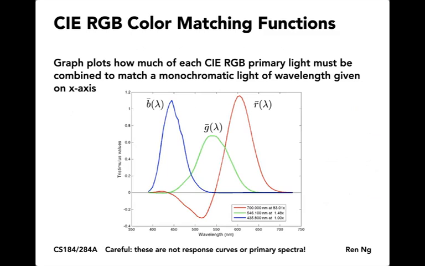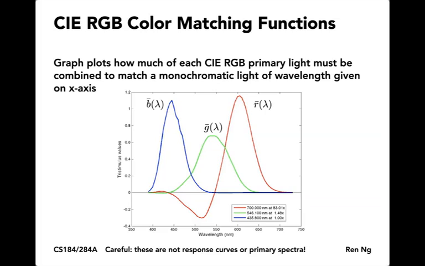You can graph it. On the horizontal axis is the test wavelength. At 400, that just means I put the test wavelength in at 400 nanometer and asked the human subject to do the color matching experiment. They matched it to almost no red and green, and a certain amount of blue, and so on and so forth across all of these.